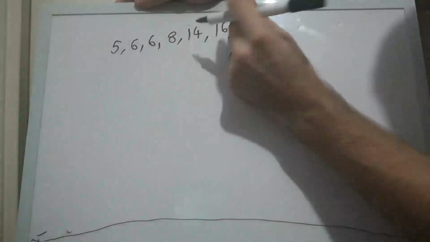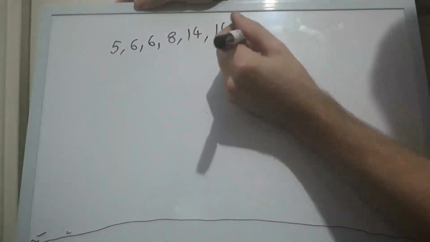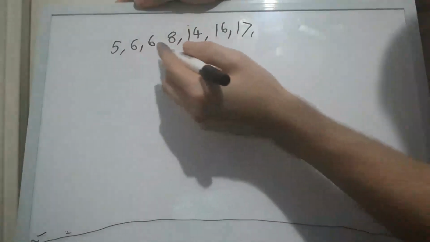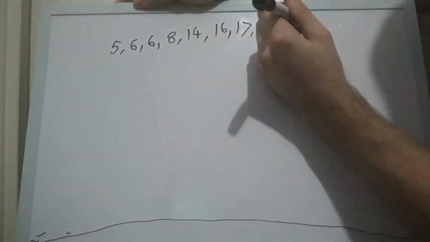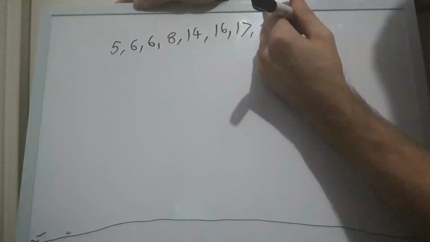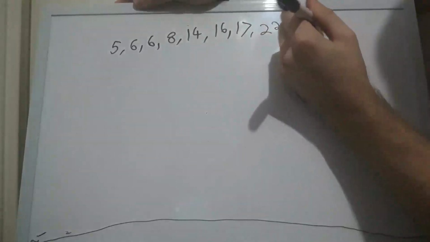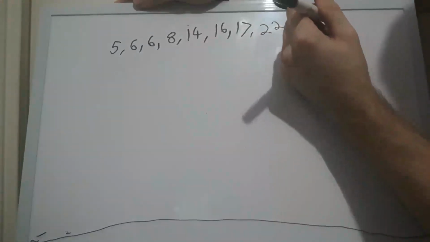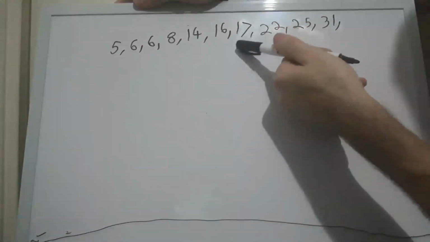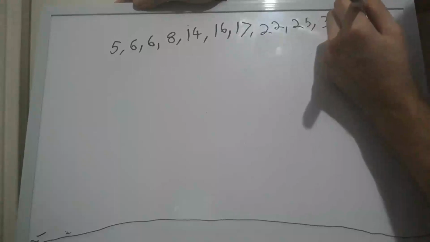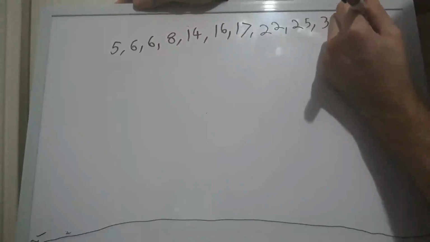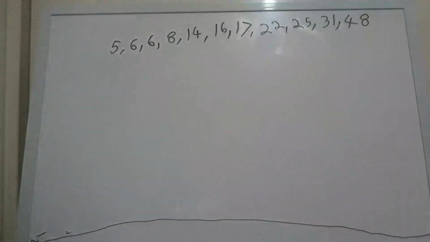Good job, me. 17, hang on, 1, 2, 3, 4, 5, 6, 7, 22, that's 8, 25, that's 9, 31, 1, 2, 3, 4, 5, 6, 7, 8, 9, 10, and let's say 48. Okay, so we have 11 numbers written in a not very straight line at all.